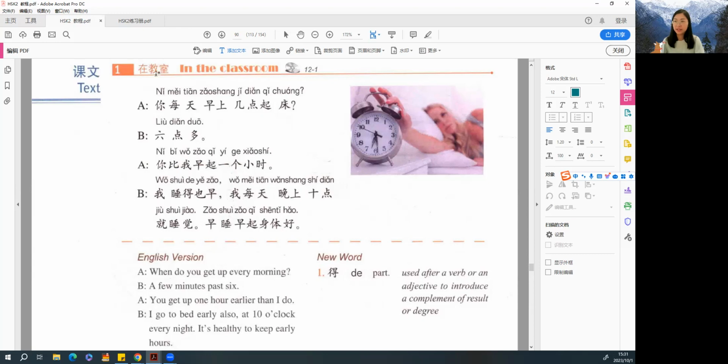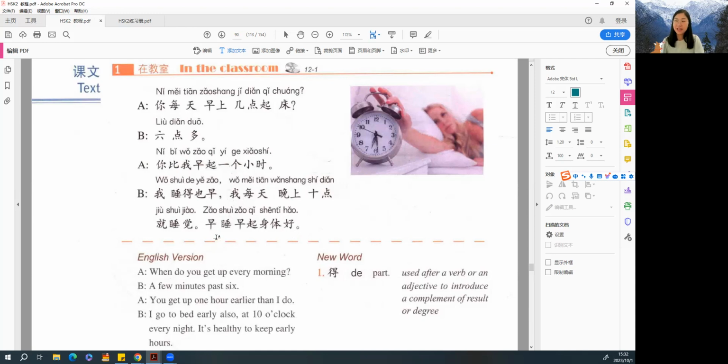In the classroom, 在教室，你每天早上几点起床？6点多。你比我早起1个小时。我睡得也早。我每天晚上10点就睡觉。早睡早起身体好。That's a very famous saying in Chinese.